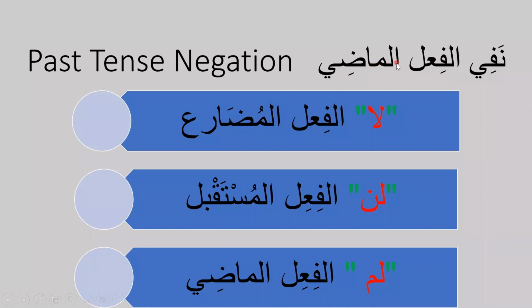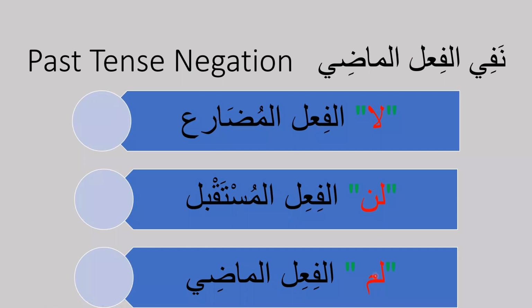I have mentioned numerous times that we have three articles that negate different tenses in Arabic. Just to recap quickly, la negates the present tense, lan negates the future tense, and lam negates the past tense, which is today's topic.